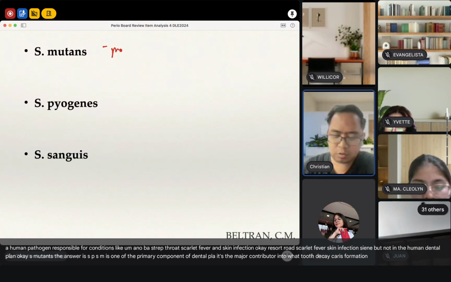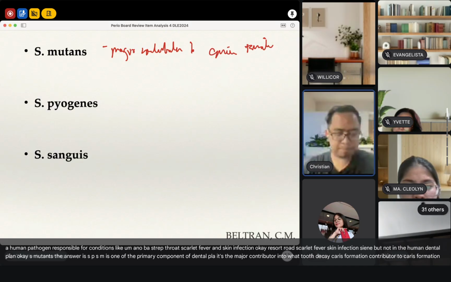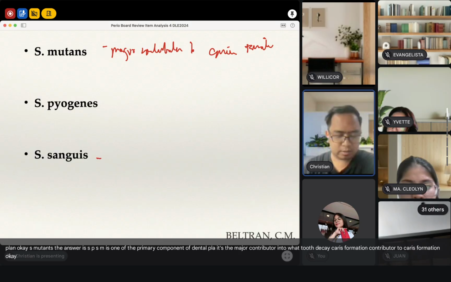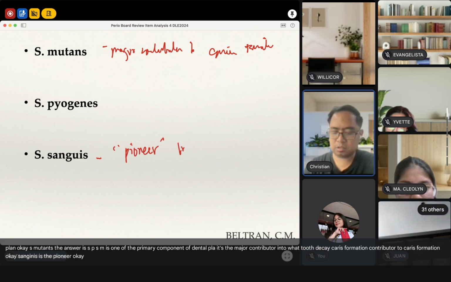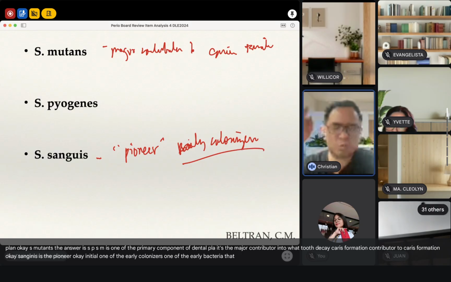S. sanguinis, we said, is the pioneer, one of the early colonizers, one of the early bacteria that would be attaching to your, what do you call this?